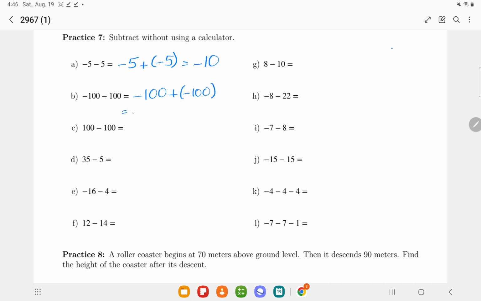This results in -200. However, in example like C, we have 100 minus 100. We would just calculate it to be 0. Same with D. 35 minus 5 is 30.